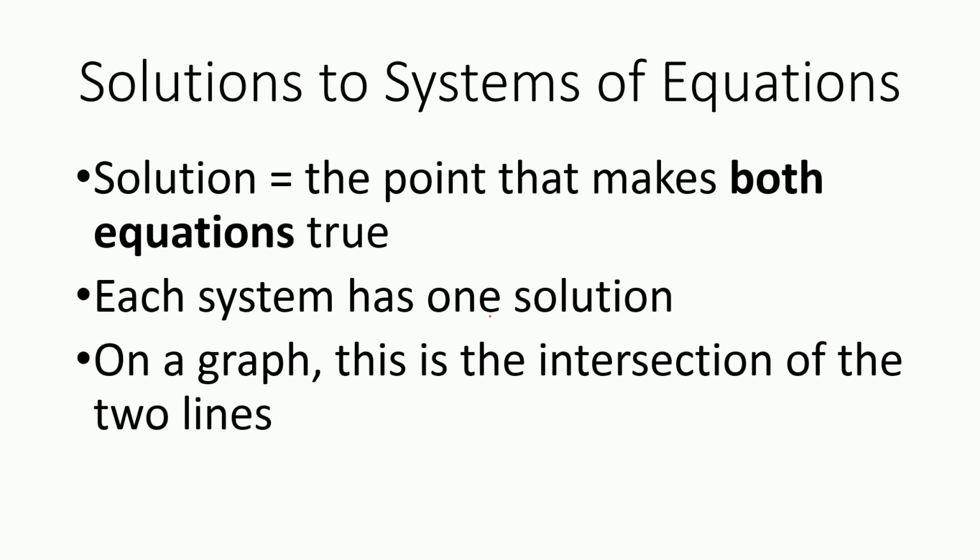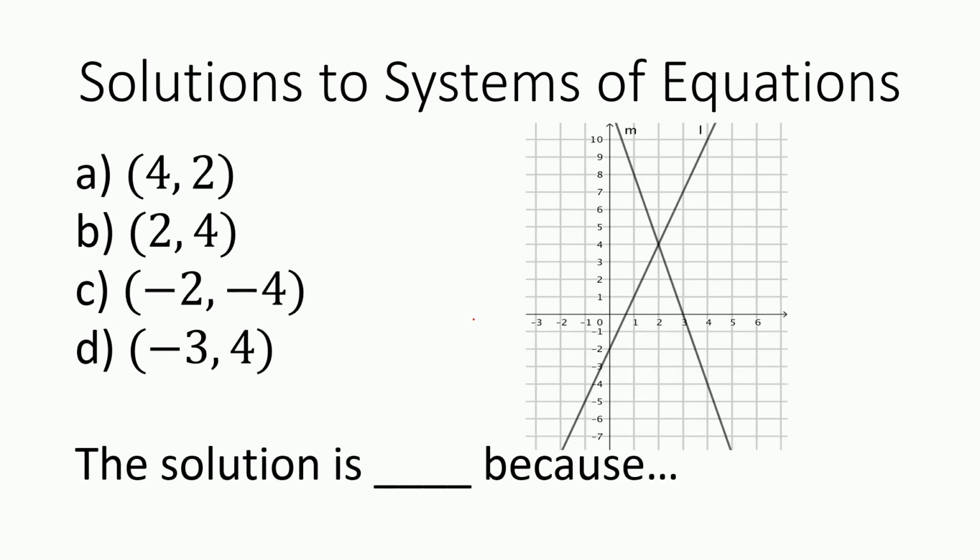So we should also be able to find solutions to systems in other methods, and we're going to learn those methods in a little bit. So for systems of equations, the solution when we graph it is going to be in the intersection of the two lines, which for this system is right here.